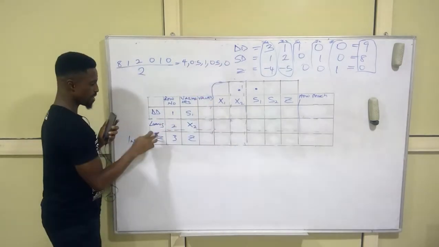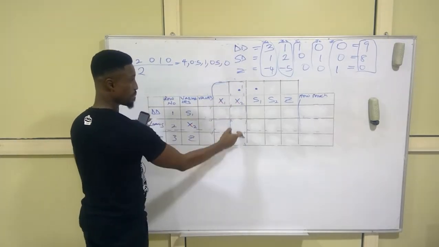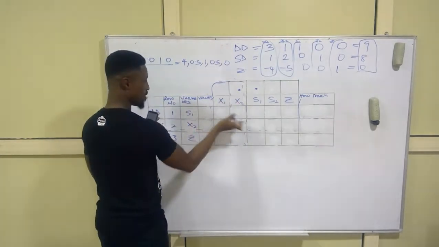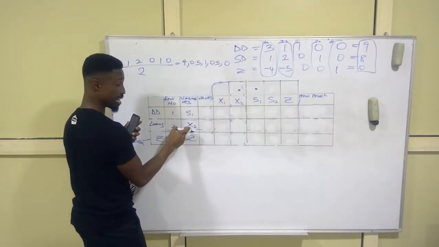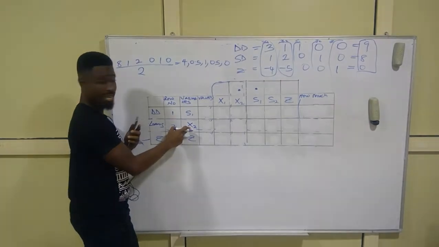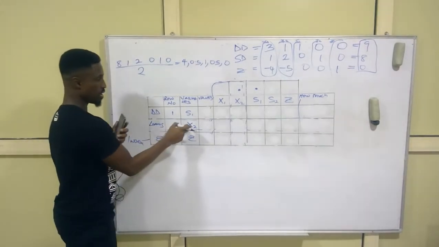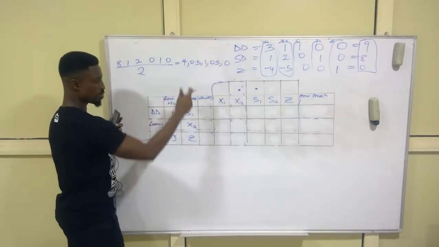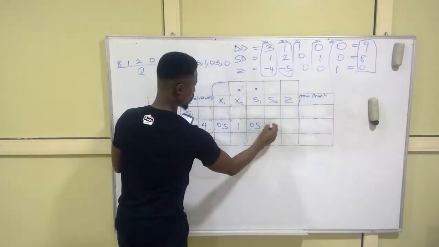And I need you to observe that here has changed because this has now come here, because this was the pivot column before and this was the pivot row. So S2 left, the stone is now on top of X2. So X2 comes here and we know that X2 is represented as loans. So it changes to loans here. You have your X2 and then the new X2 is 4, 0.5, 0. Something is missing.